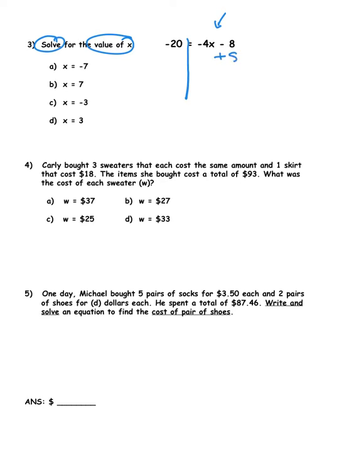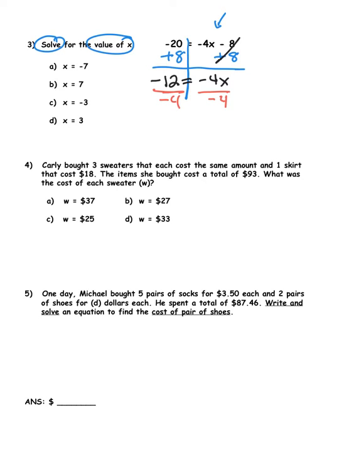So I'm going to add 8 to both sides. When I do that, what is left on this side is a negative 12. And on this side the 8s cancel out, and I have a negative 4x. So this next step is very important because when I divide or multiply, if this coefficient is negative, I have to keep it negative in what I'm dividing by.